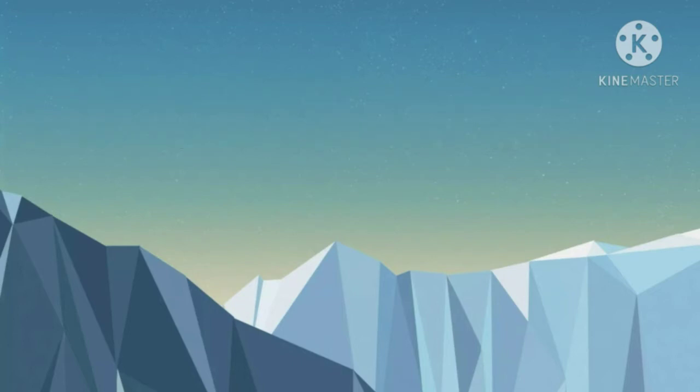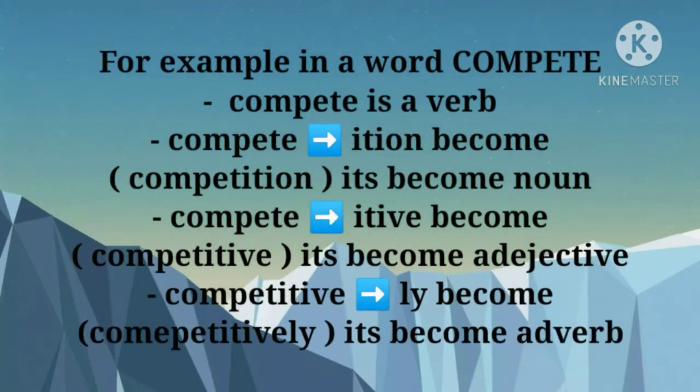So let's take the word compete for example. Compete here is a verb. If we add ation at the end, so I will remove the e and add ation, it becomes competition, and then it becomes noun derivation.